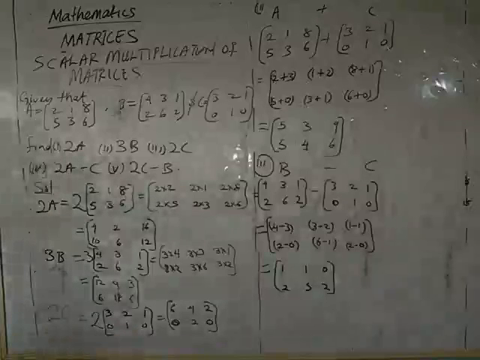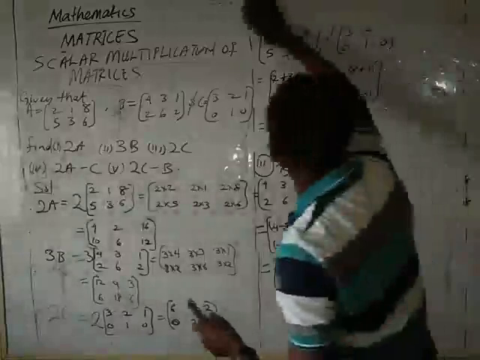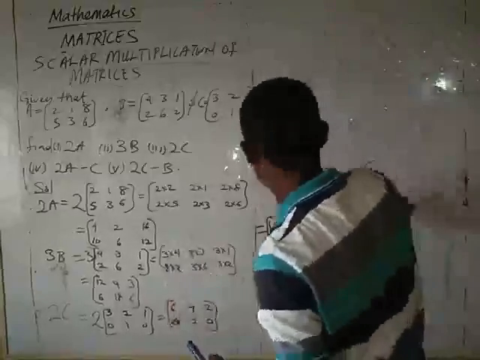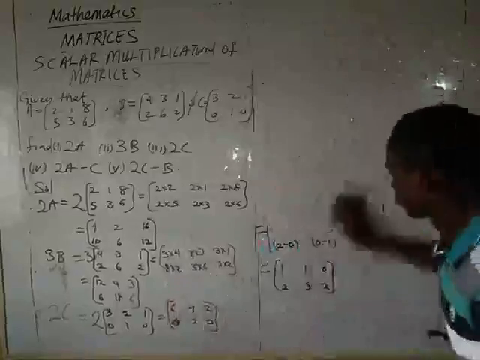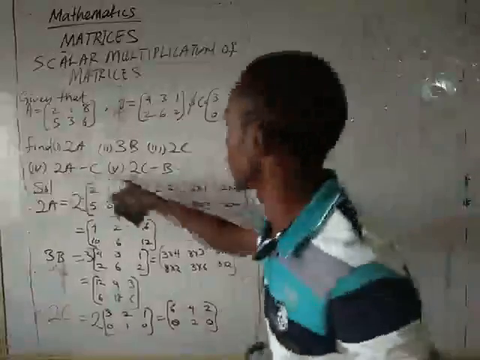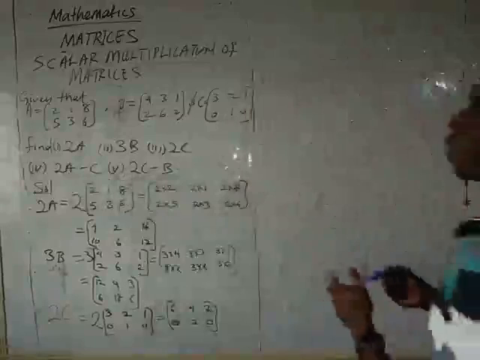Now moving to the last two questions under that example. In these two questions here, it's just an equation involving scalar multiplication.